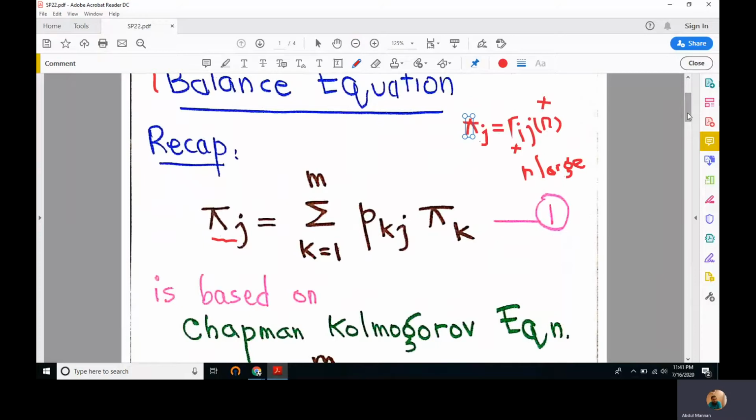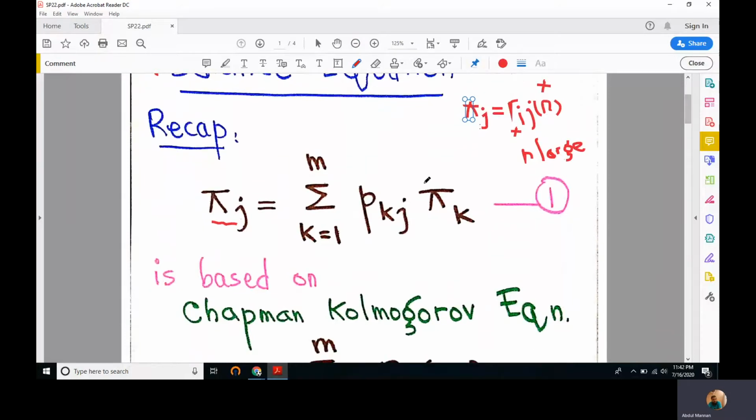In lecture number 21, we studied that this can be written as pi k. Pi k is the long-term probability of landing at k at time n minus 1, and this is the transition probability of going from state k to j in the very next time interval.